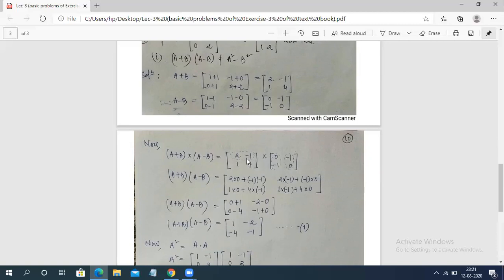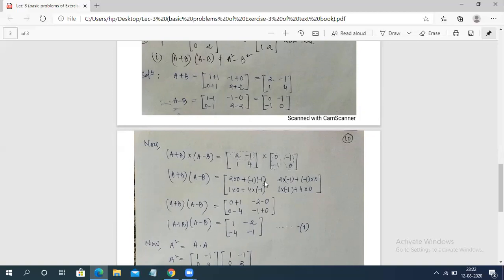Again, by the multiplication rule, each row is multiplied with each column. First, the first row will be multiplied with the first column, then the first row with the second column. So in the resultant matrix, first row with first column: 2 into 0 plus minus 1 into minus 1.